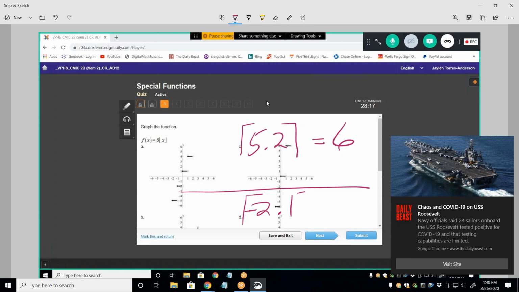Negative 2.1. Go to the right. Always picture your number line. Here's the number line. There's negative 2. Where's negative 2.1? Right there. Go to the right until you hit an integer.